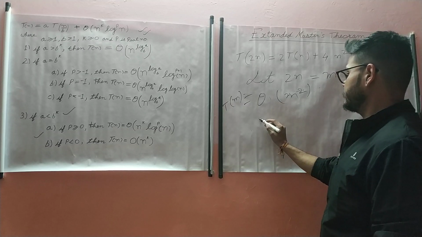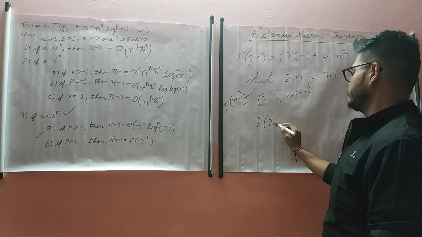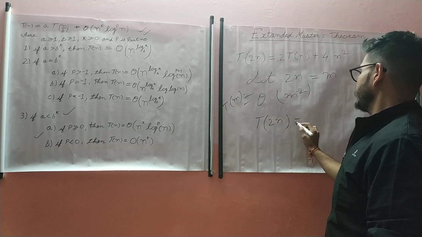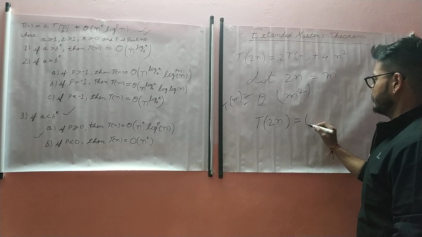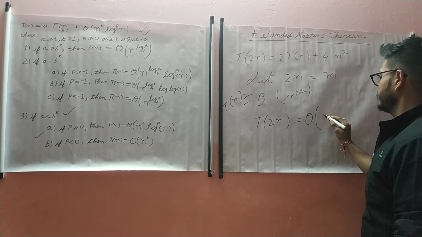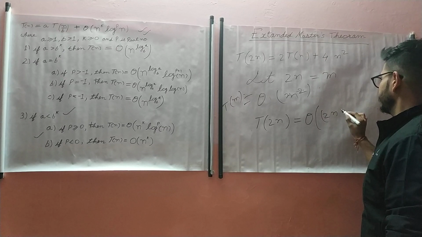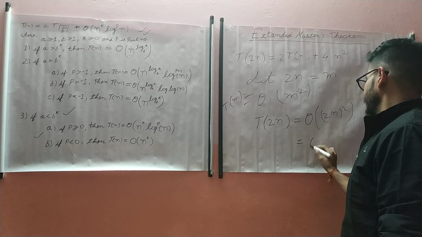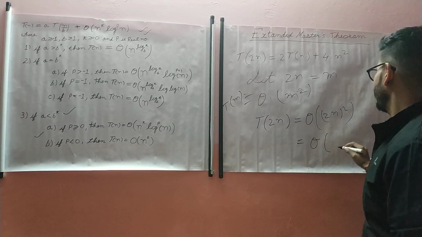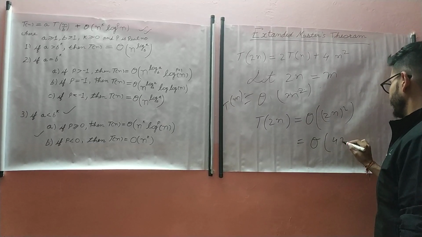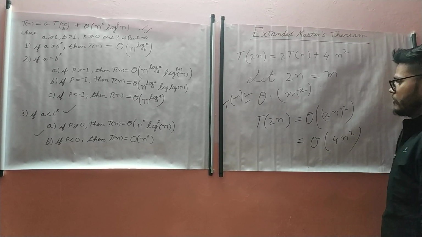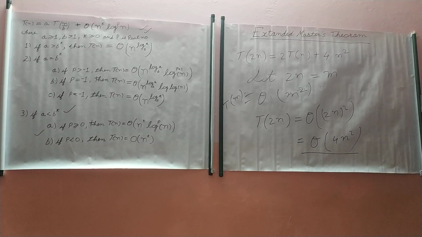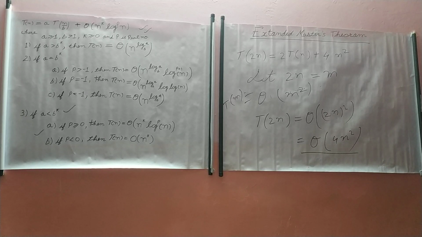We get T(2n) equal to theta of (2n) square, which is theta of 4n square. You have seen how we converted a recurrence relation into the form on which we can apply Master's theorem.